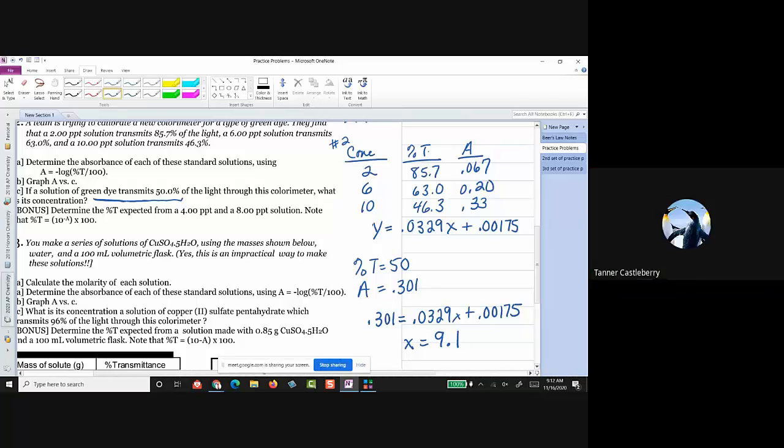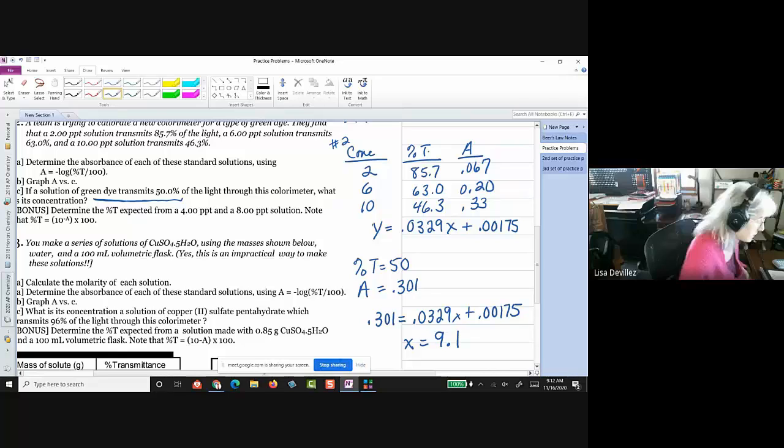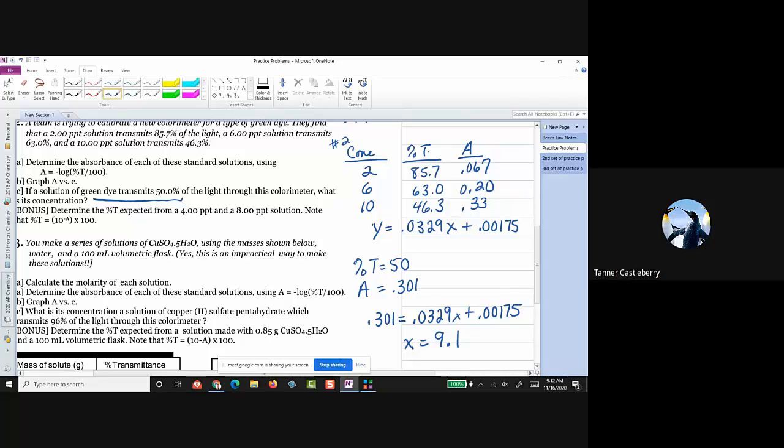Hi, Mr. Dilly. I'm a little bit confused on the concentration. I thought it was molarity, and we went from parts per thousand to, does it just convert?